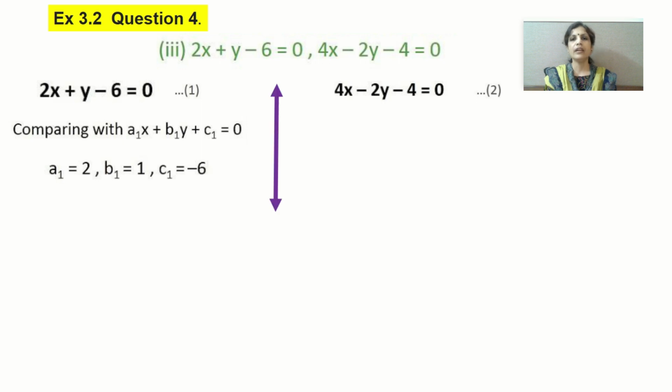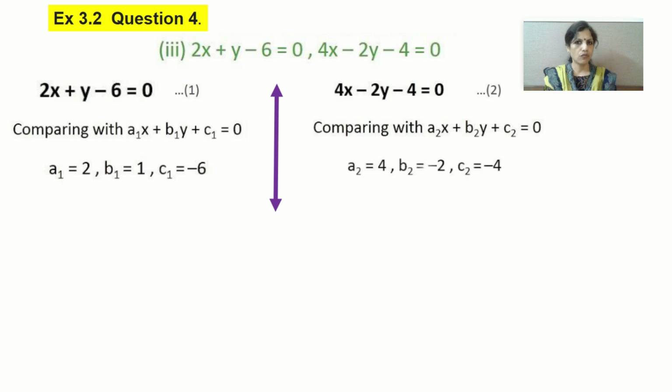Similarly, for equation 2, we'll compare it with the standard form and find the values of a2, b2 and c2, and the values are a2 is equal to 4, b2 is equal to minus 2 and c2 is equal to minus 4. I repeat once again, children, when you are comparing the equation with the standard form, please take care of the signs of the coefficients.